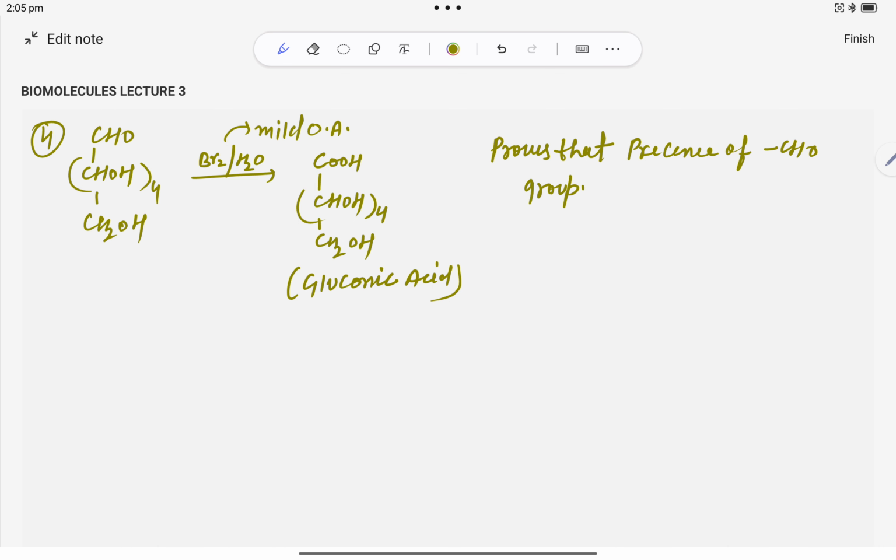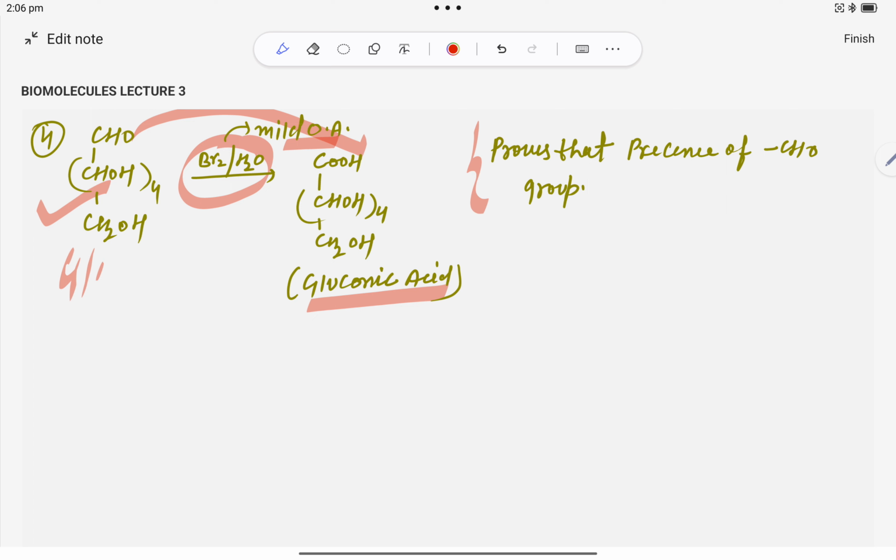So by this reaction, this is your glucose, and here you are using a mild oxidizing agent, so this aldehyde is converted into carboxylic acid, gluconic acid. So it proves the presence of the CHO group is confirmed.